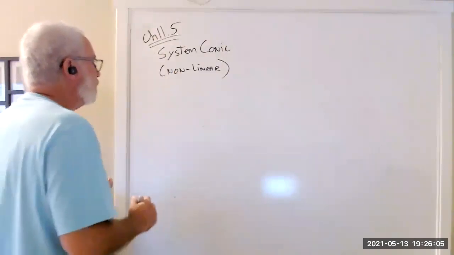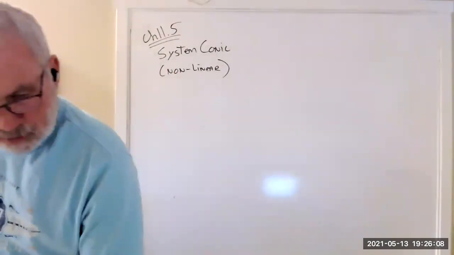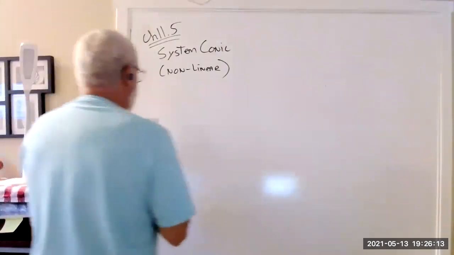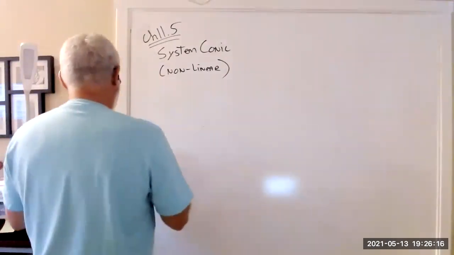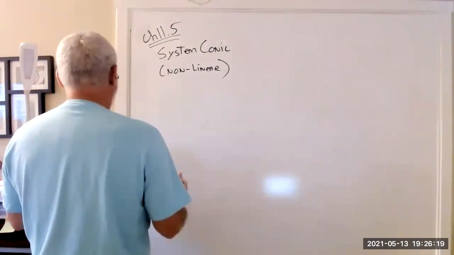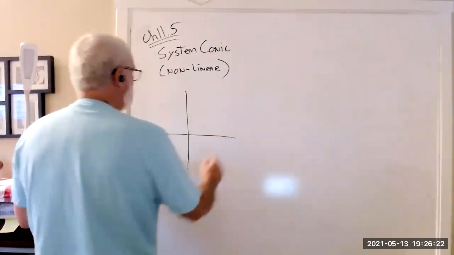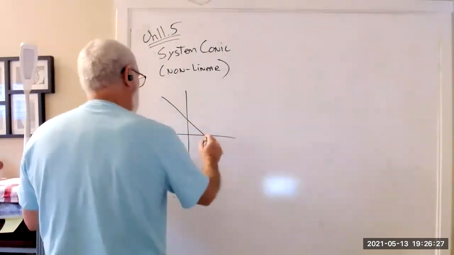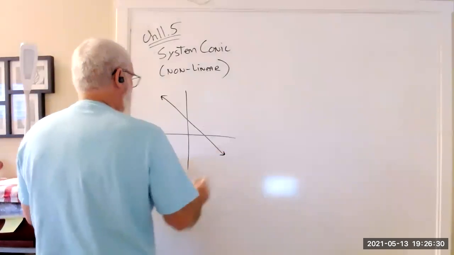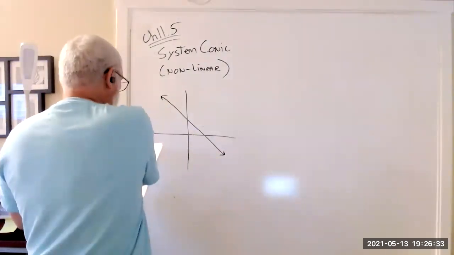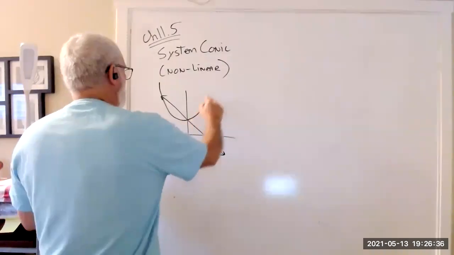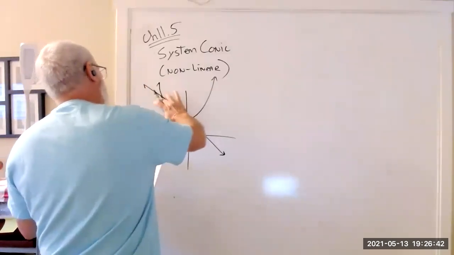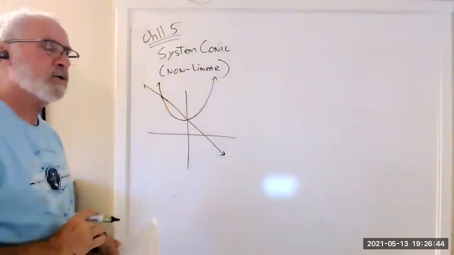Suppose I gave you this picture like this, a line, and I gave you this one, a parabola, and I asked you, where do they intersect?